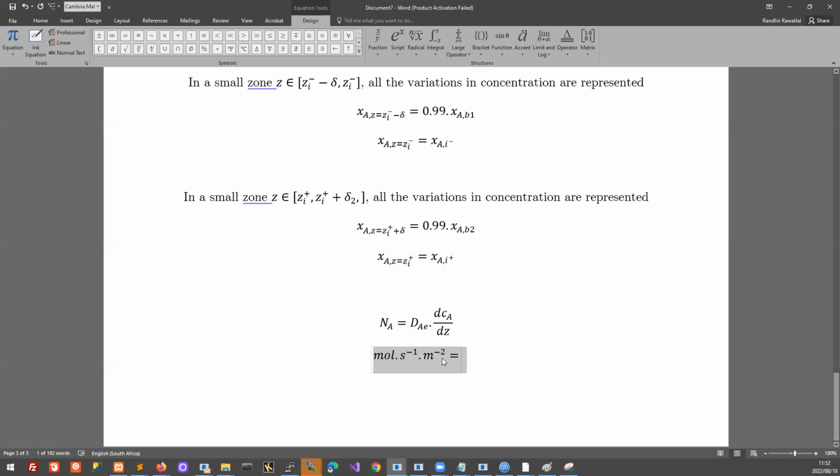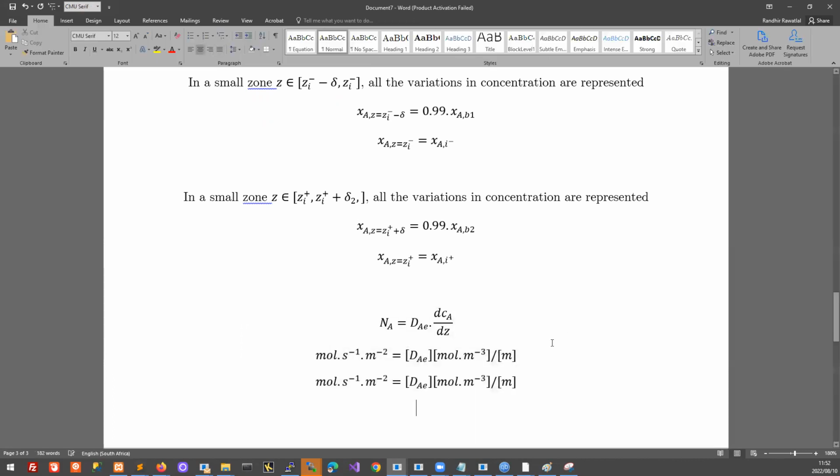And then we want to know the units of D_AE, and then we've got dC/dz. So the units here, concentration, of course, that's moles per cubic meter. And you've got dz, so that's meters. So overall, this is going to be moles per meter to the 4.